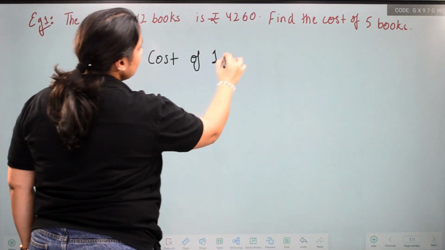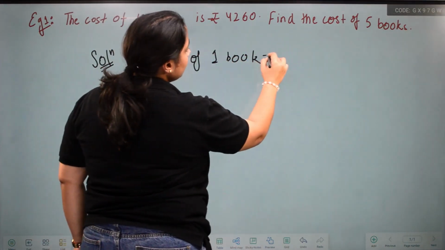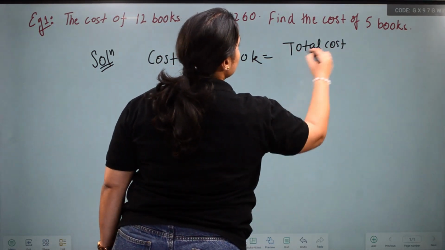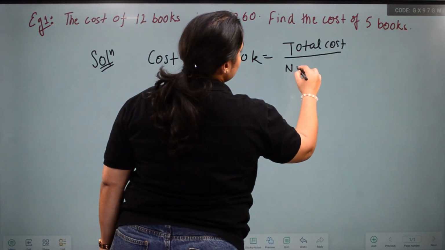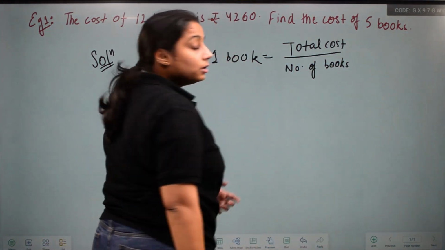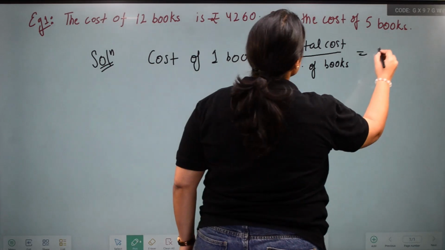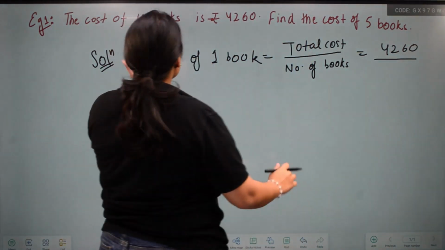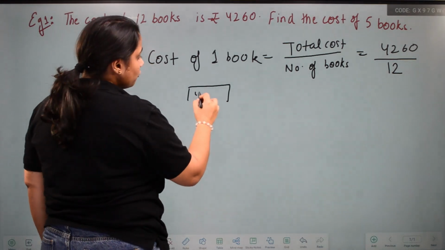The cost of one book will be equal to the total cost upon the number of books. Here the total cost is rupees 4260 and the number of books given is 12. I am dividing it here.